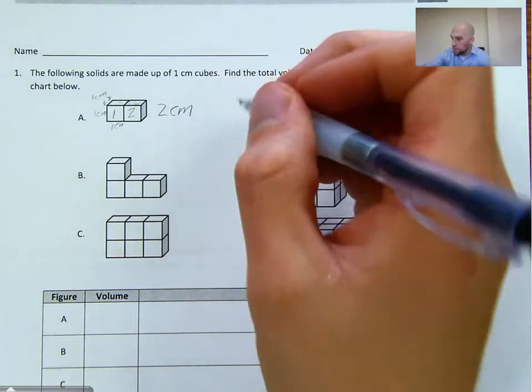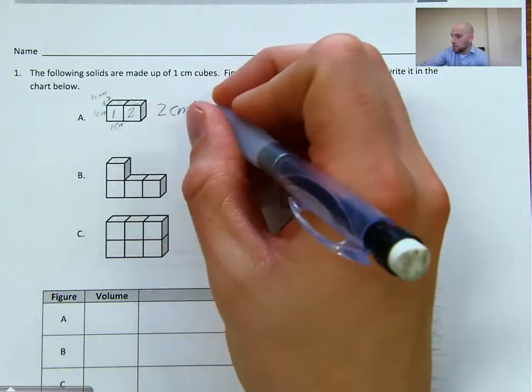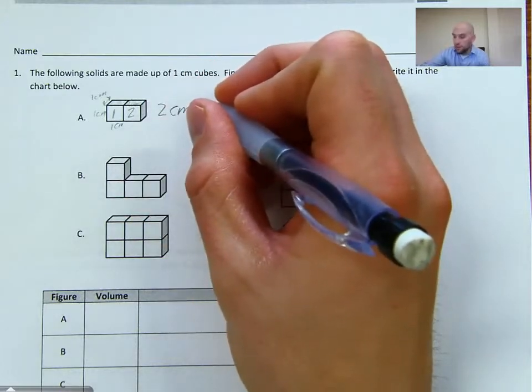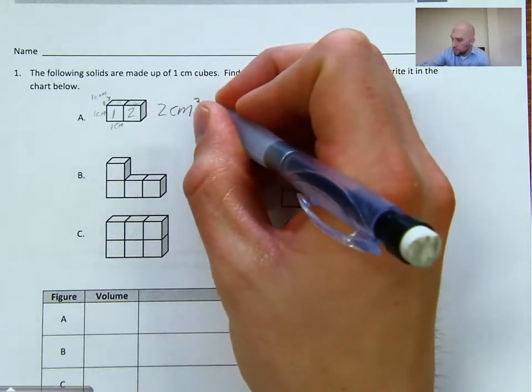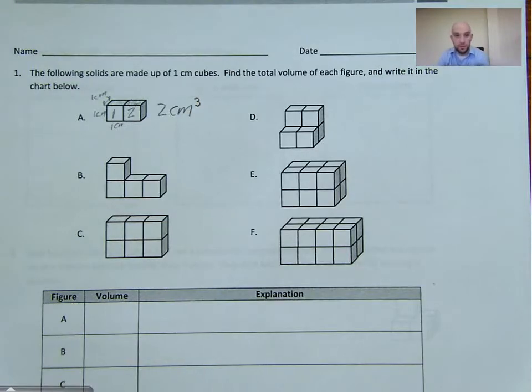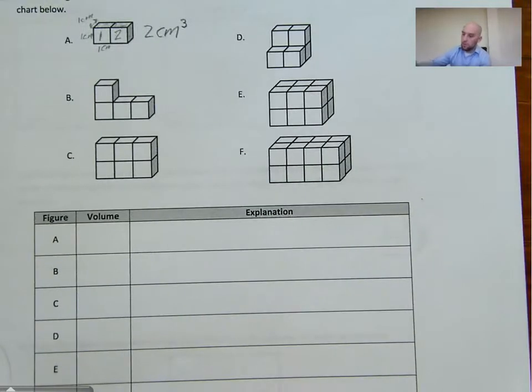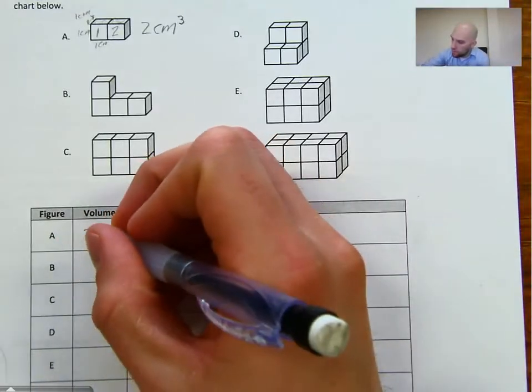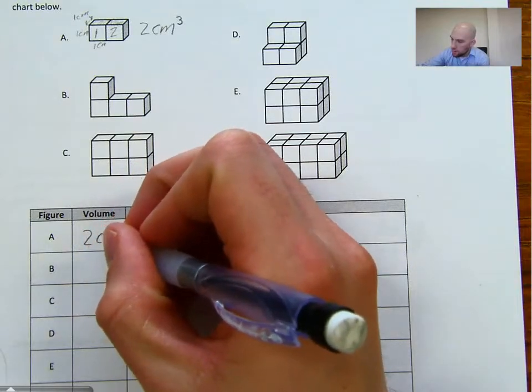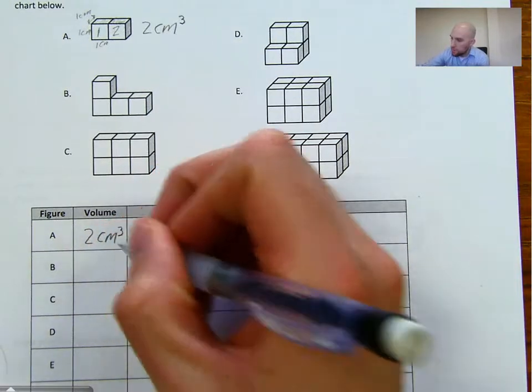And just like with square centimeters, we put a little 2 there. With cubic centimeters, we're going to put a 3 because it's 1 centimeter in 3 directions or 3 dimensions. So letter A down here in our table, our volume will be 2 cubic centimeters.